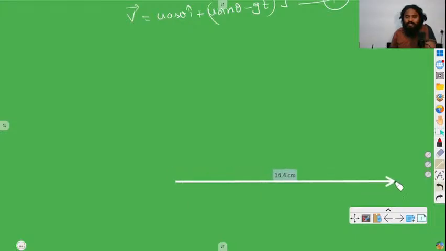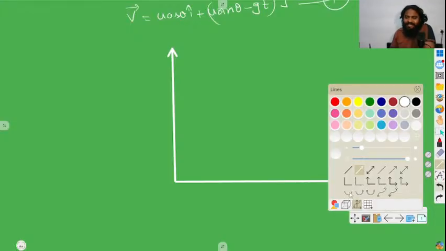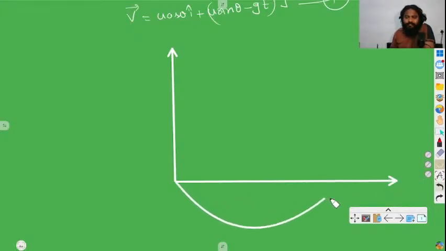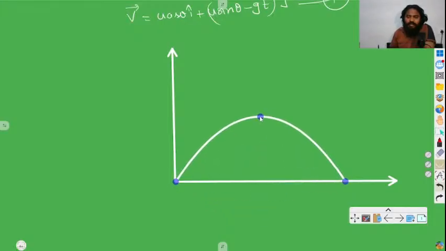Let's consider an object projected with velocity u by making an angle theta.